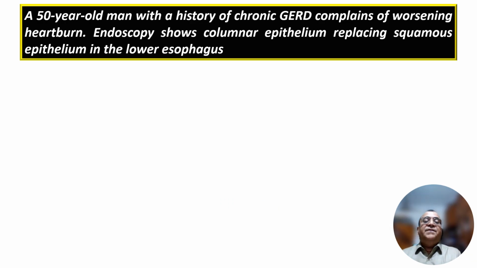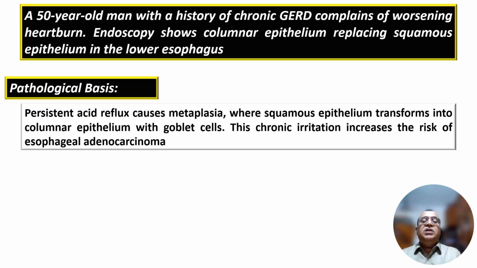Then there is another example, a 50-year-old man with history of chronic gastroesophageal reflux disease who complains of worsening heartburn. Endoscopy shows columnar epithelium that replaced squamous epithelium in the lower esophagus. There is persistence of acid reflux that causes metaplasia.